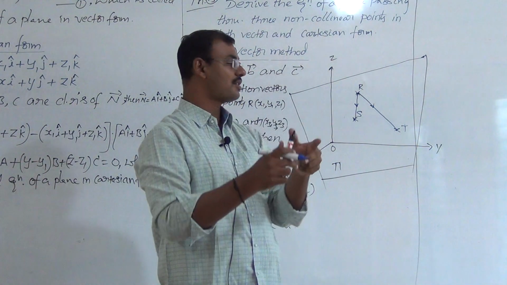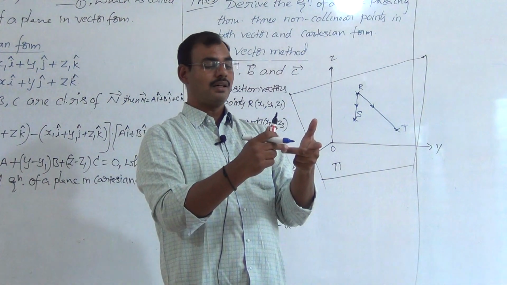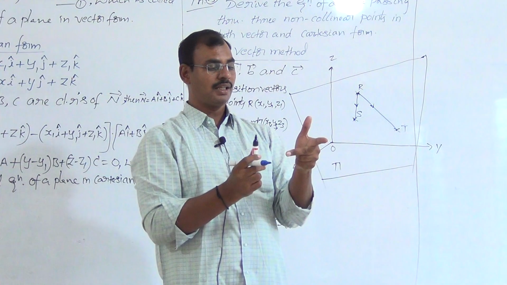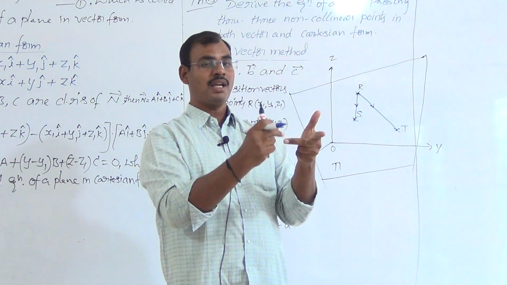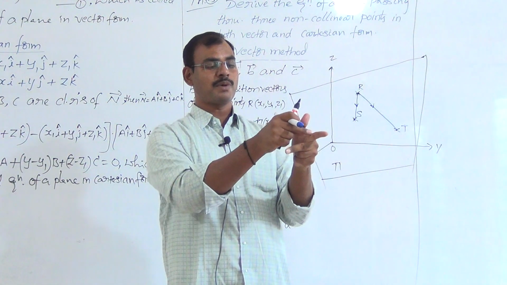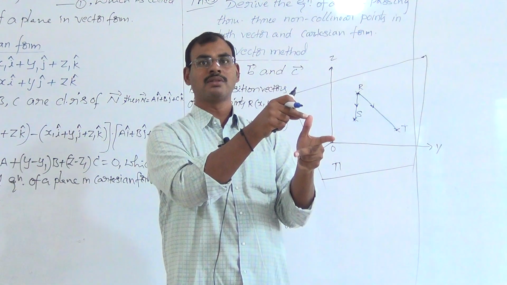Okay, I vector, J vector. The cross product of I vector and J vector is always perpendicular to the K vector. Clear that? I, J, K. The cross product of 2 vectors is always perpendicular to the third vector.